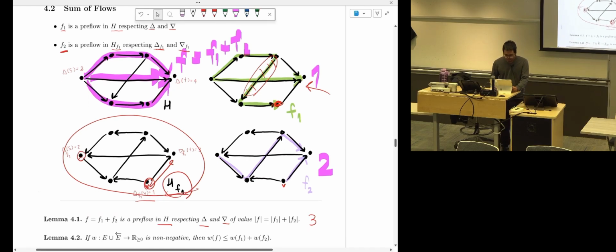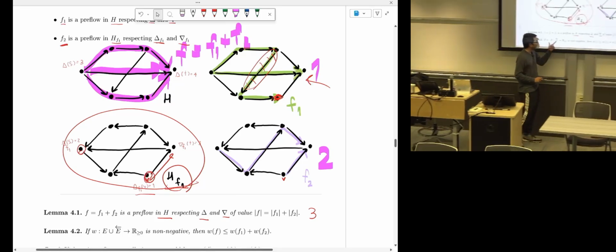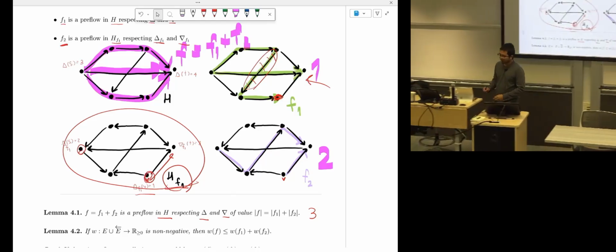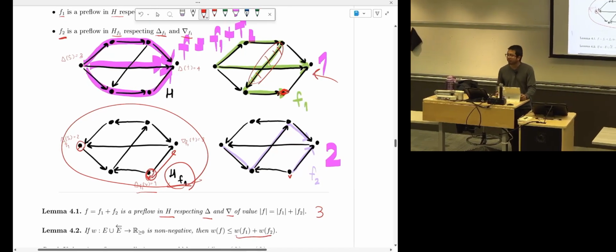Okay. Now I can ask about what is the total length of F. And it's going to be at most the sum of the two. Why is that?